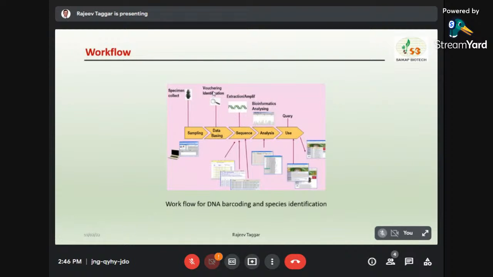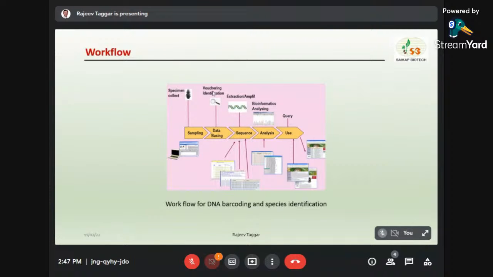That's a good point to discuss here, because we need to note down the location and the climate. We also need to note down what other species are found around it, because even that helps in identification. So vouchering means all the details, time, date, place, have been noted. DNA barcoding alone cannot always identify.